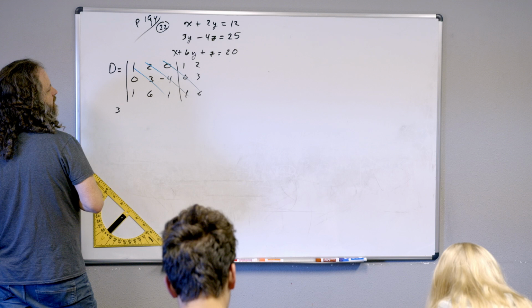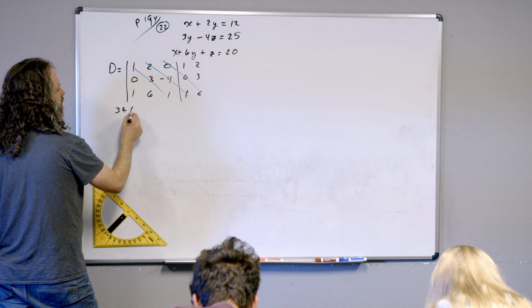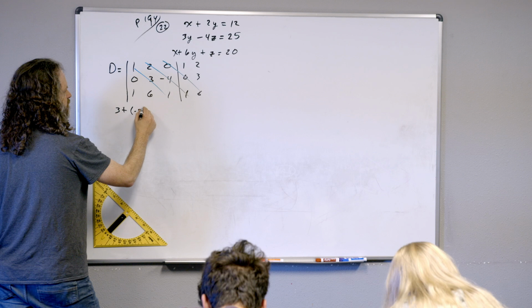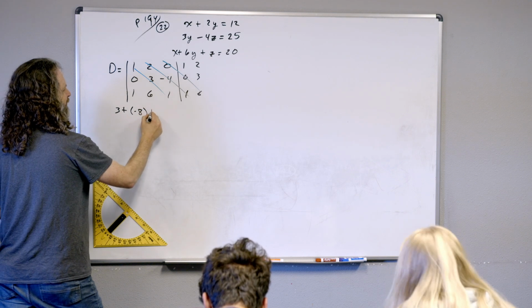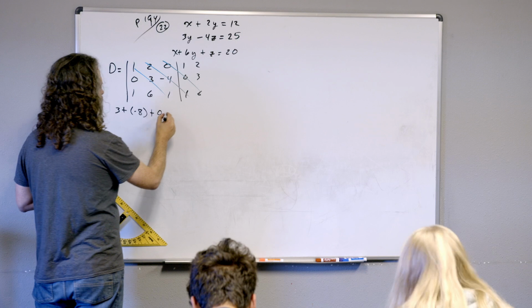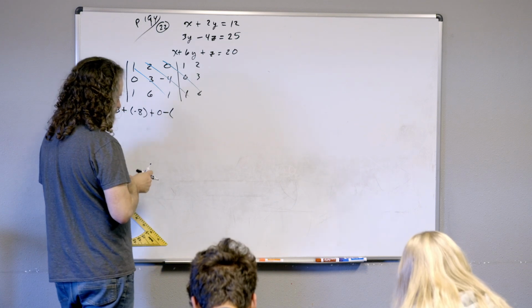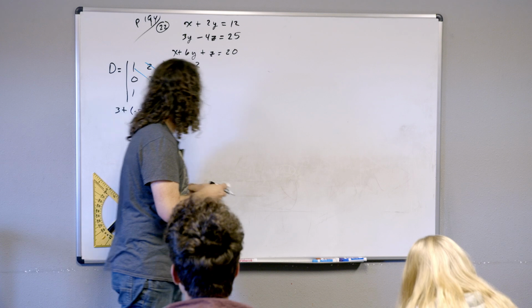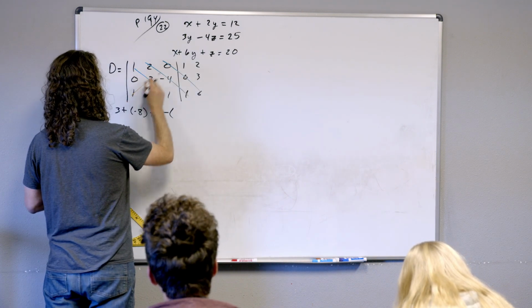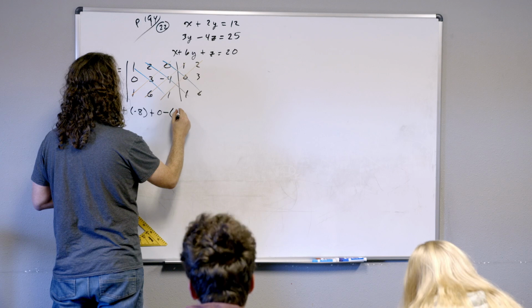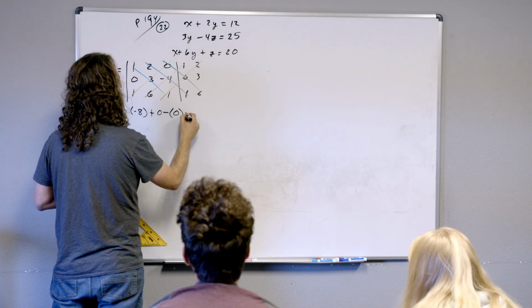3 plus 0, -8. Oh, 0 is the next one, plus 0. But then we could minus the next one, which is 0. Oh, excuse me, 0. Minus 0.